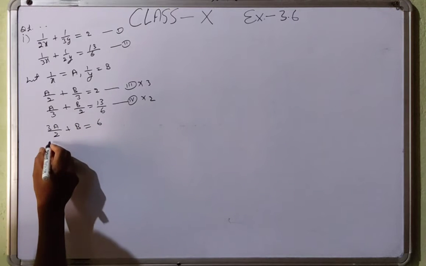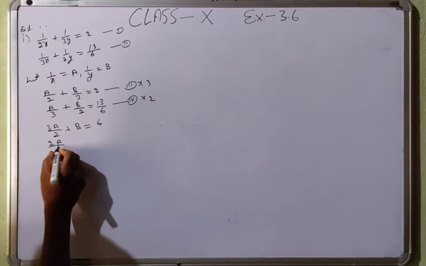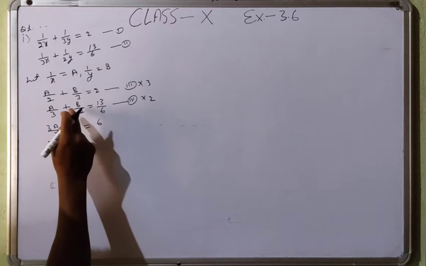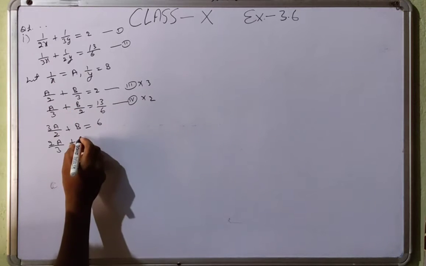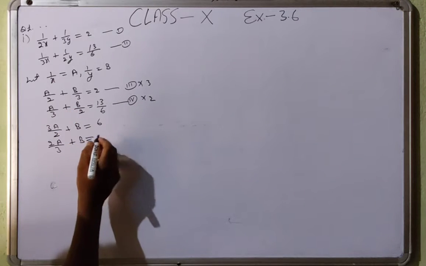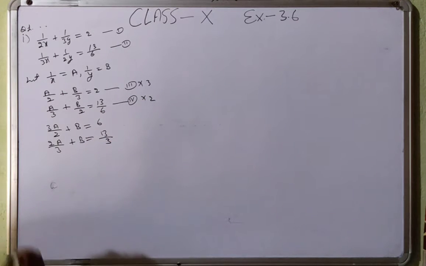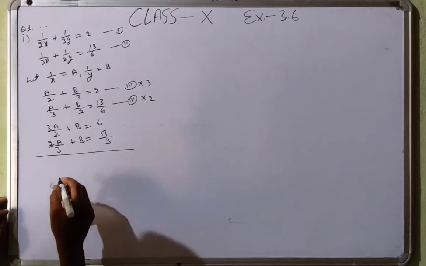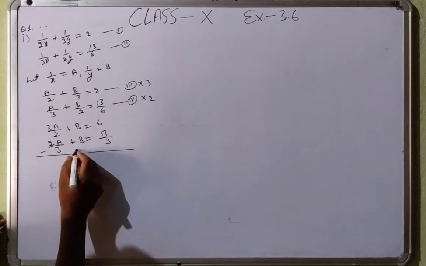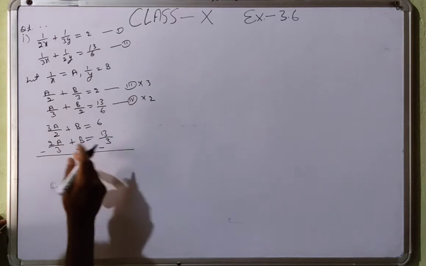And 2a upon 3 plus b is equal to 13 upon 3. Now we will change the sign because it is the same sign.